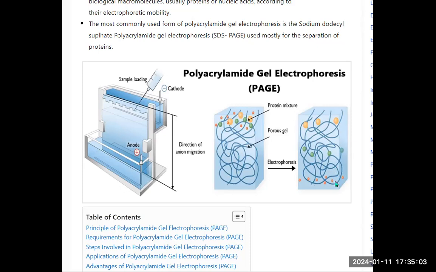But the smaller fragments can sift and move themselves towards the anodal end, because the molecular structure of our PAGE and that of our agarose is like a sieve or a filter. So common sense will dictate that if they're bigger, it's hard for them to move through the spaces, right? That's why the concentration of our agarose is important if we're doing electrophoresis.